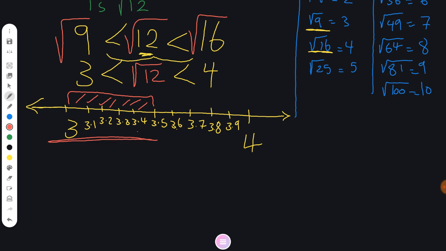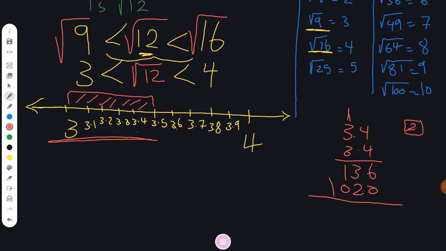What about if we take 3.4? We take 3.4 times 3.4. If the number is close to 12, then this is the answer. In 3.4 and 3.4 we have two decimal places, remember it. 4 times 4 is 16, 6 and carry 1. 3 times 4 is 12, plus 1 is 13. Then 0, and 4 times 3 is 12, 2 and carry 1. 3 times 3 is 9 and 1 is 10.